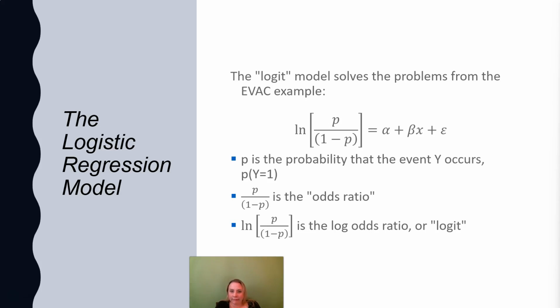Again, the link function we're going to be using here is our binomial distribution. Once again, p is the probability that event y occurs, which in this case would be that the person evacuated. Then p divided by 1 minus p is our odds. And then we have the log of the odds, which is called the log odds, often referred to as our logit.